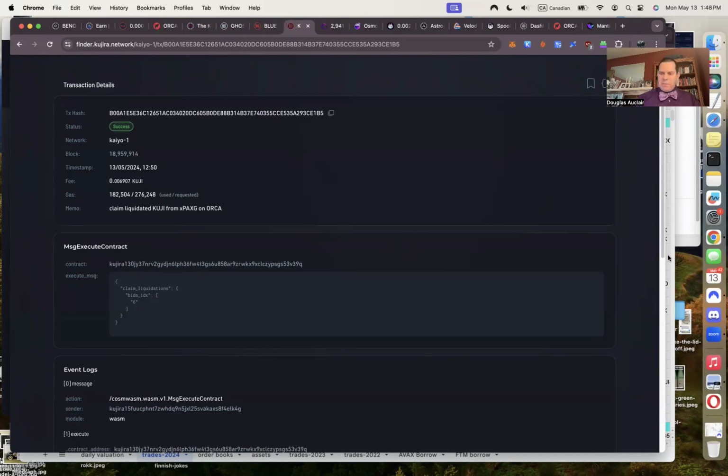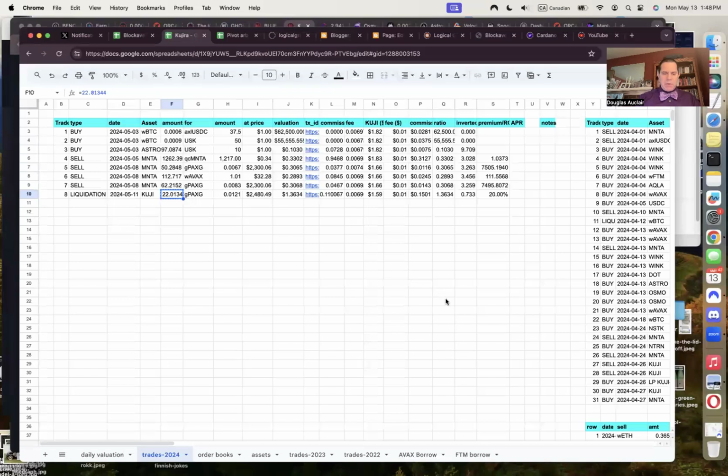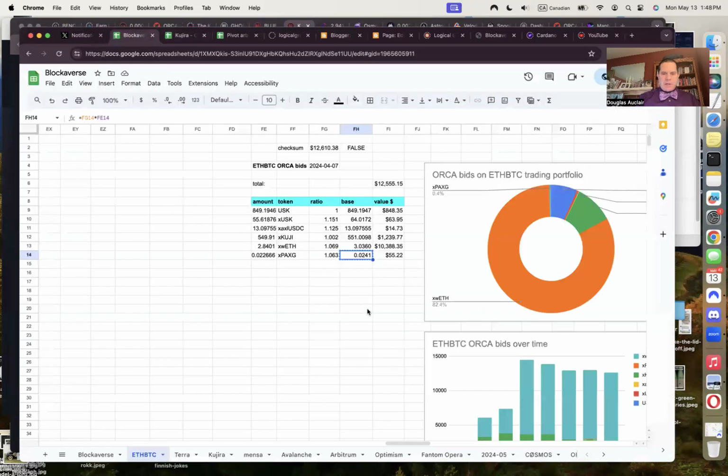So what I do have to do, and what I recommend you do, to keep good records, is that I have a spreadsheet of the liquidations I'm bidding. I'd say here that I'm bidding 0.0226 gold lent to Ghost in order to bid on liquidated Kuji in this particular case.